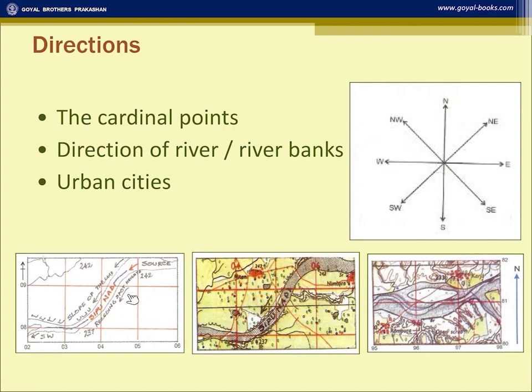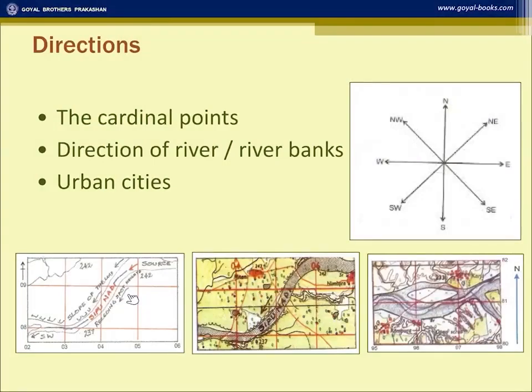Now, if they are receding from northeast to southwest, that means the river is flowing from northeast to southwest because the slope of the land is such. And that is why we can answer that the river is flowing from northeast to southwest.